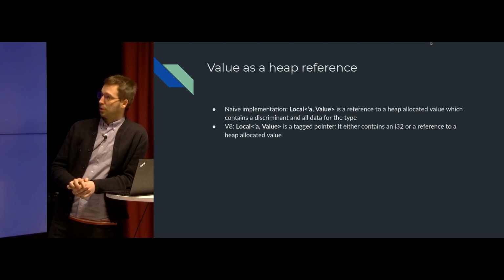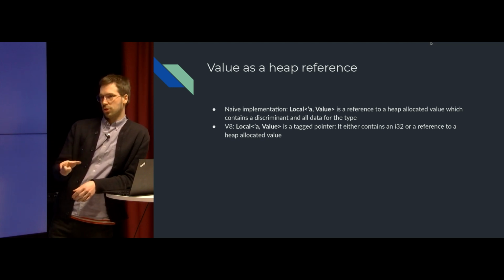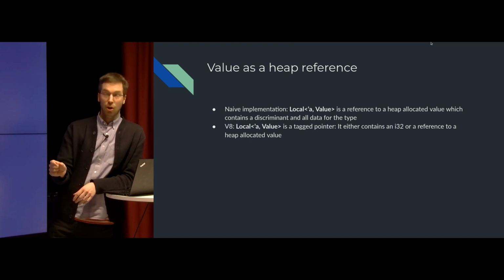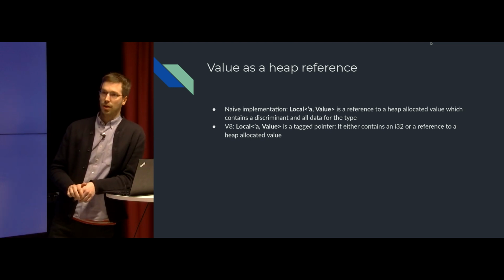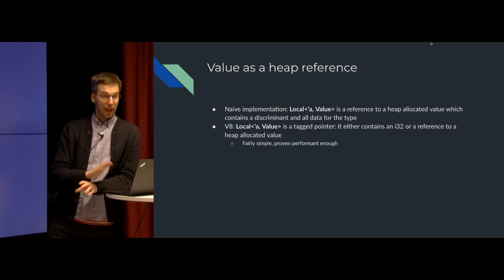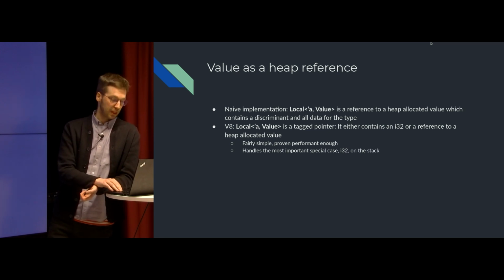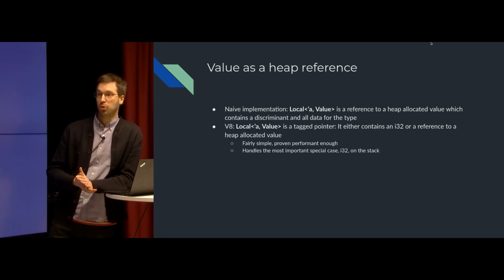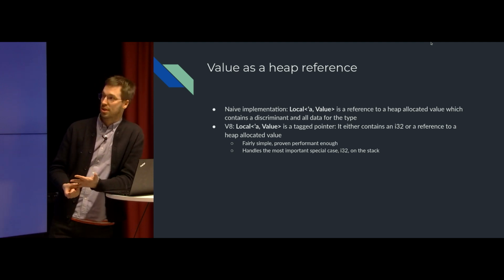They do a tagged pointer. So their pointer contains a tag which tells whether the pointer is actually a pointer, or is actually a signed integer on the stack. And this is fairly simple, works well enough. It's well proven to be performant enough. It handles the most important special case, the I32, on the stack.